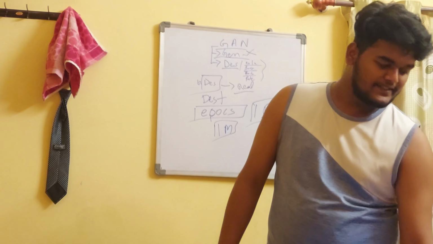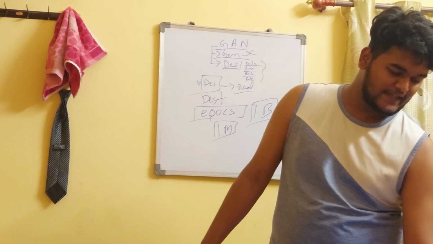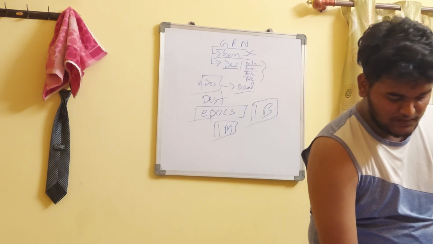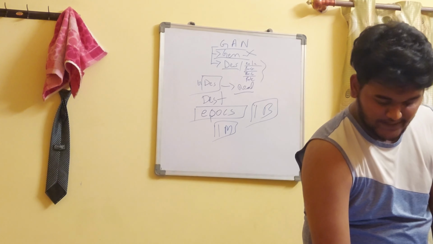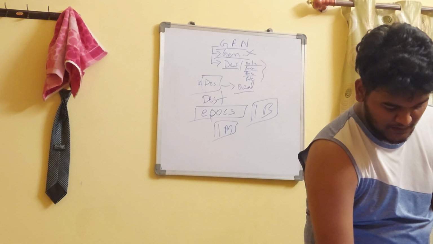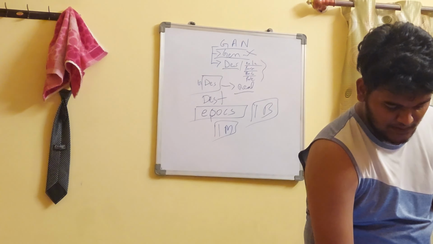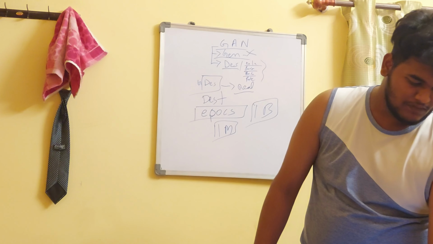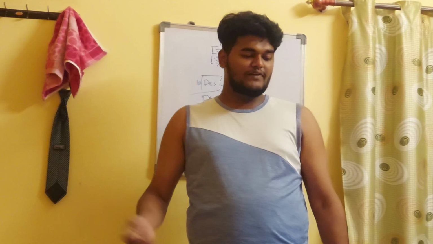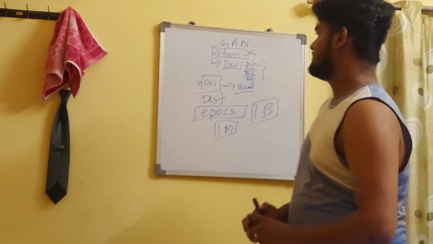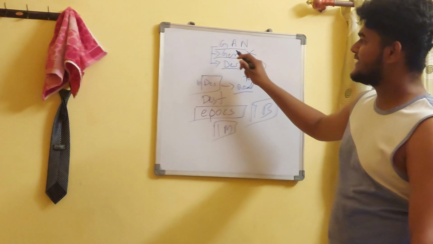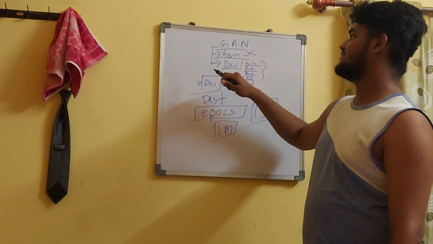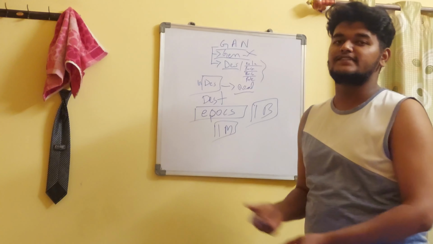Then let's understand the architecture of the GAN network, and how the GAN network is laid out. The generative adversarial network, that is the GAN network, is of two types again, generator and discriminator, as I said earlier.